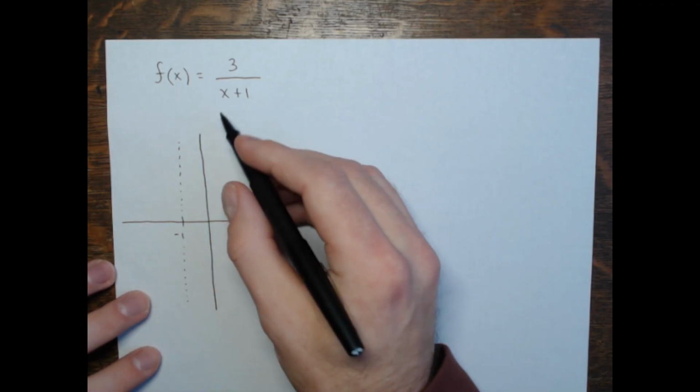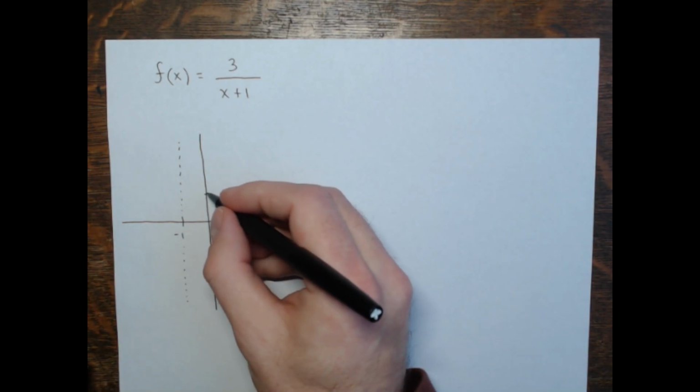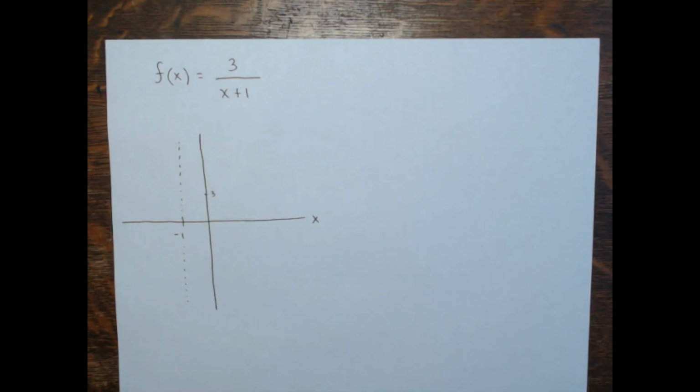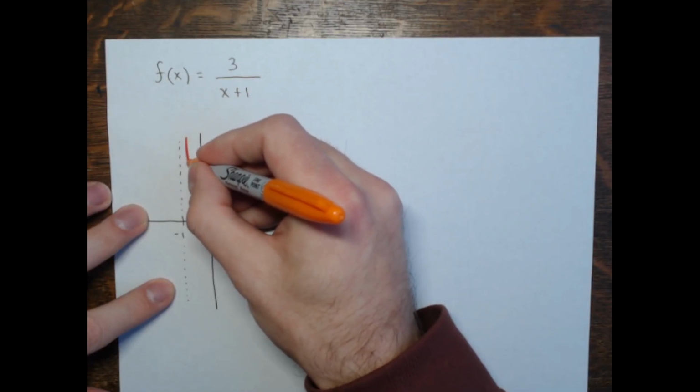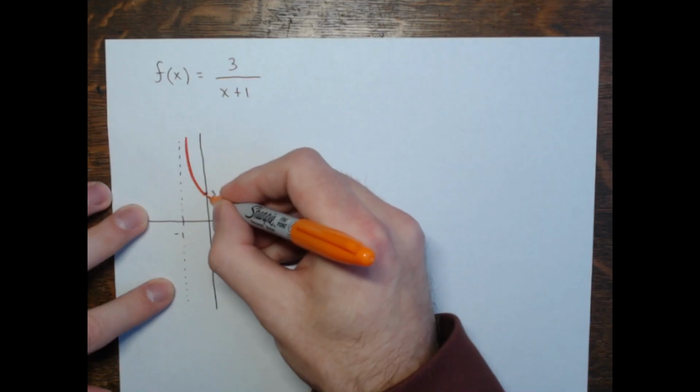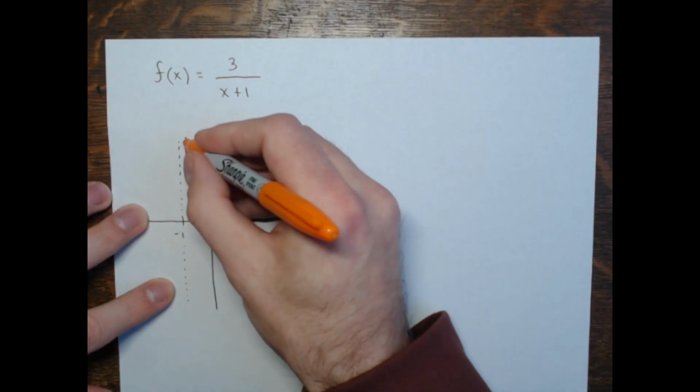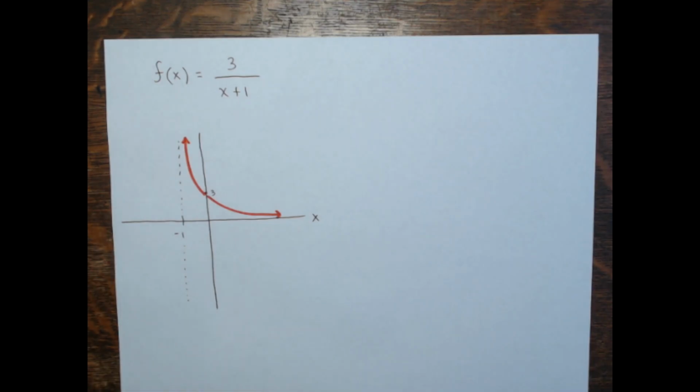You'd have 0, 3 on it, and part of the curve looking like this, going through 0, 3, approaching positive infinity from the right of -1, and approaching negative infinity from the left of -1.